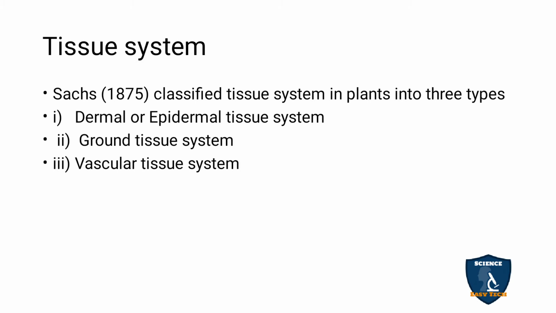Ground tissue system is cortex, endodermis, pericycle and pith. Vascular tissue system is made up of xylem, phloem and cambium. This is not in your book, but you must know about it, so I am giving it.